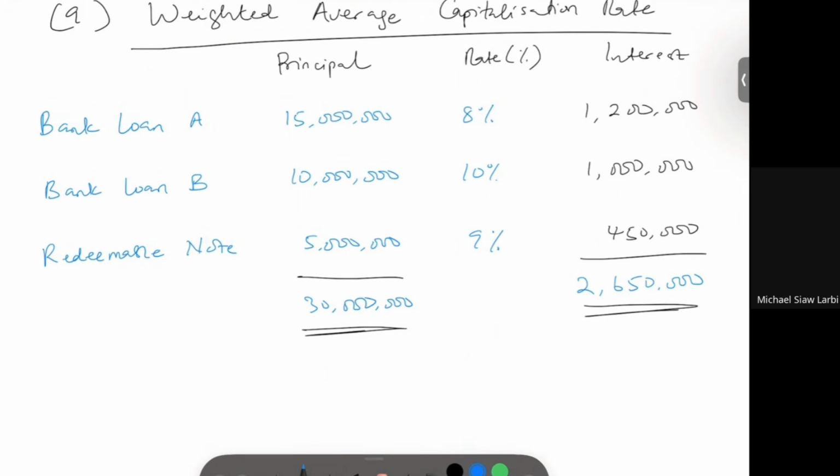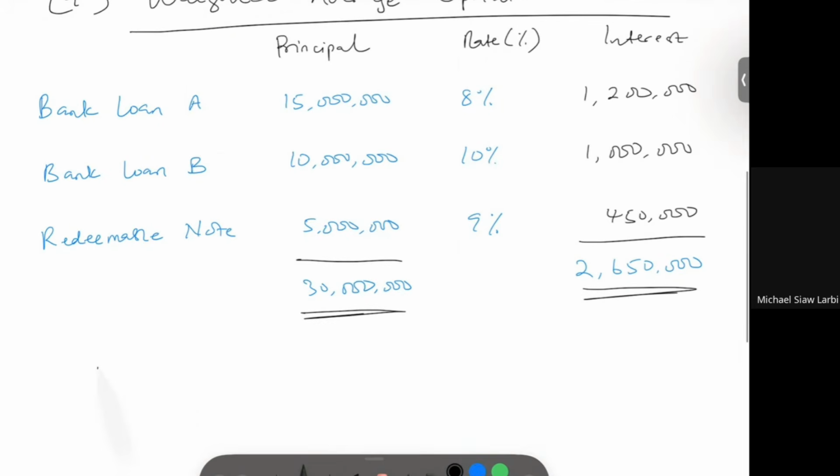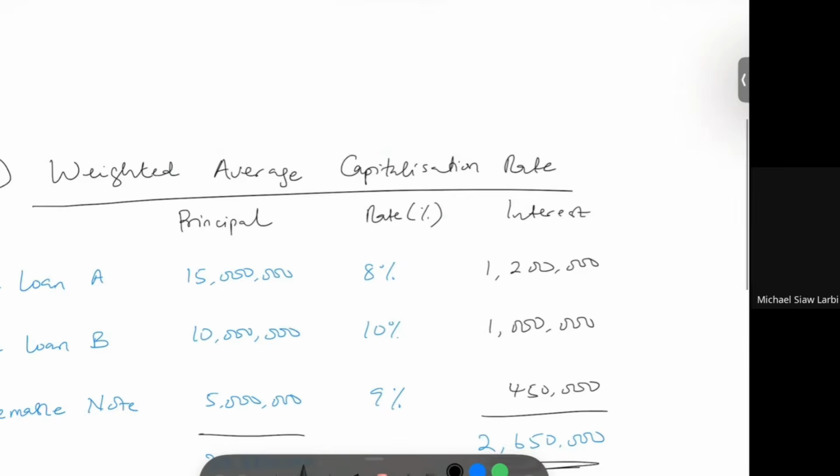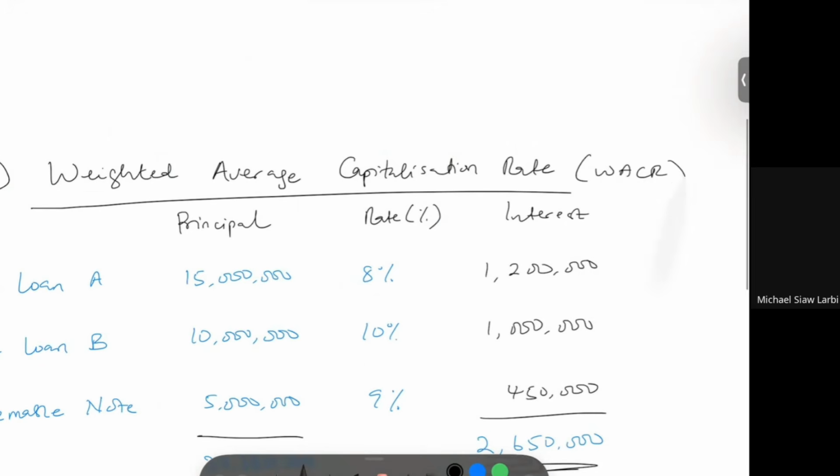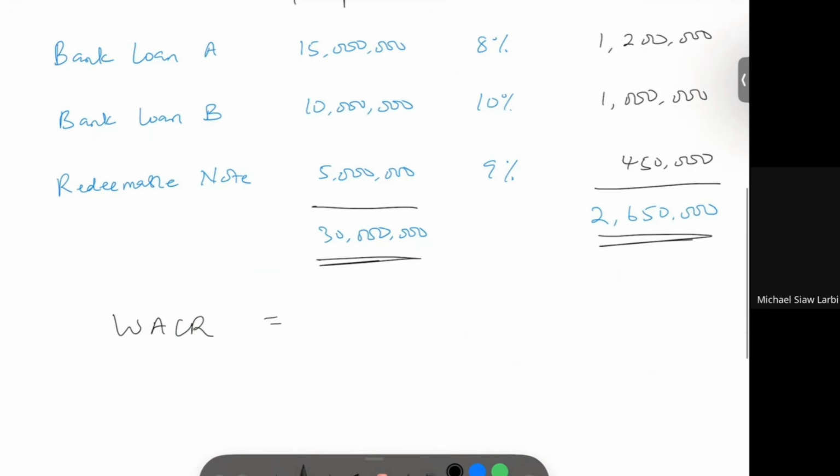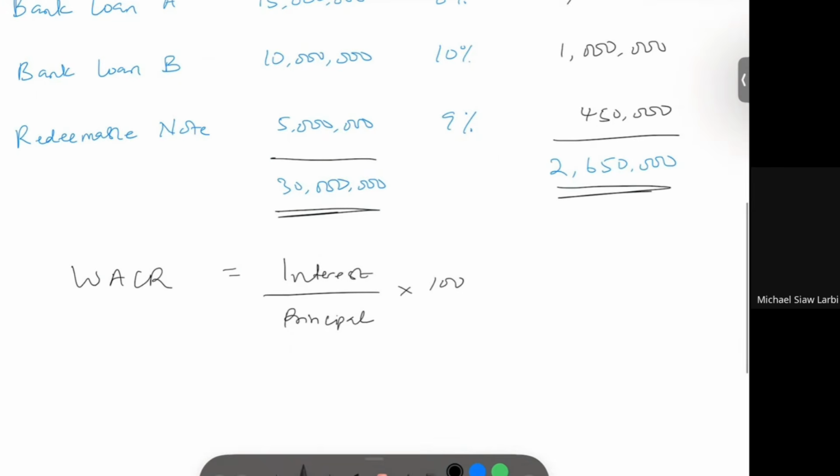To find your weighted average capitalization rate, the WACR, that is essentially your interest over your principal times 100. Simple. That's it. So what did we get for our interest? We got 2,650. Principal, 30 million.